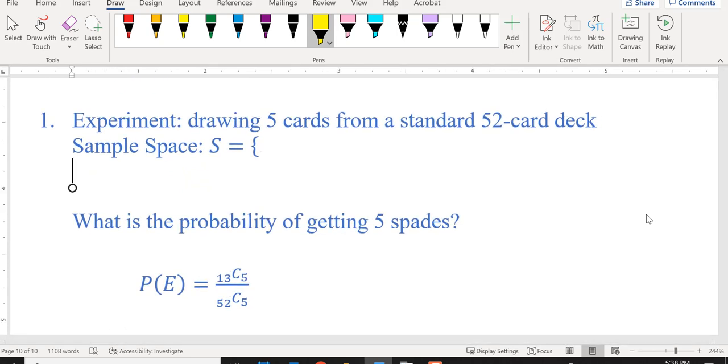How many ways can we get 5 spades? There are 13 spades, and we want to choose 5 of them. So we want the combination of 13, choose 5. How many things are in our sample space? There are 52 cards in our sample space, and we need the combination of 52, choose 5.